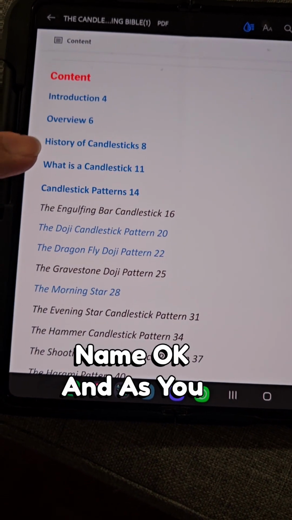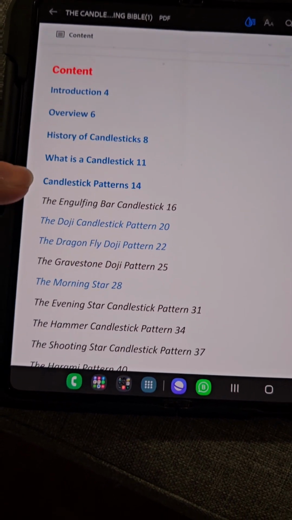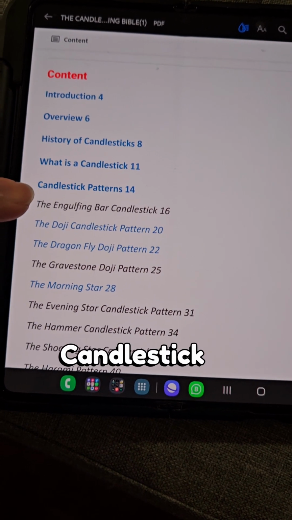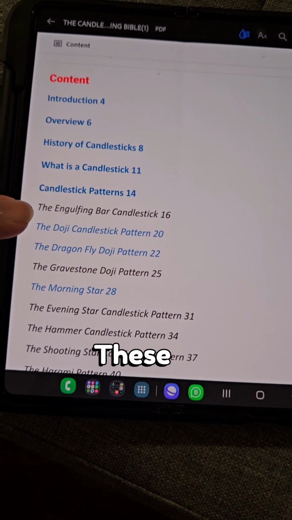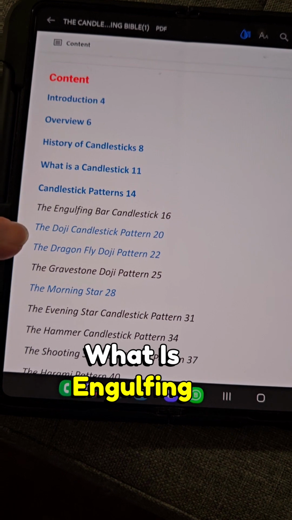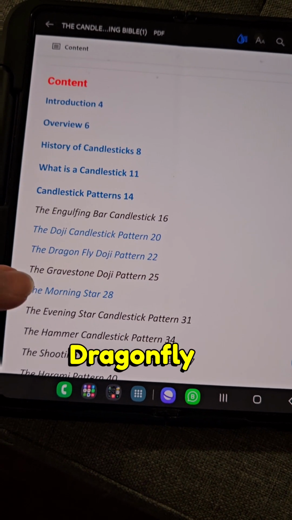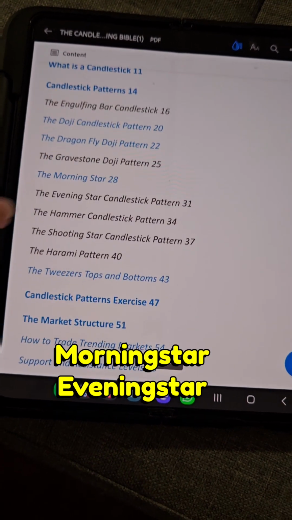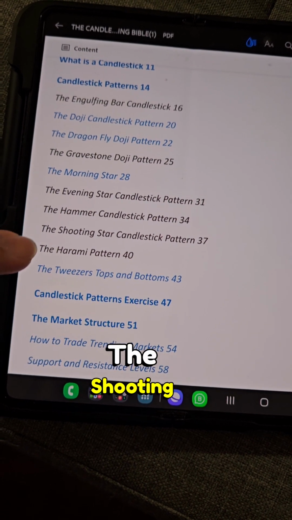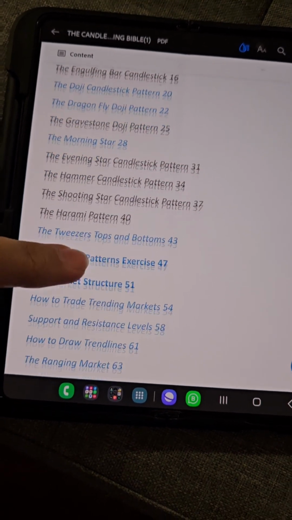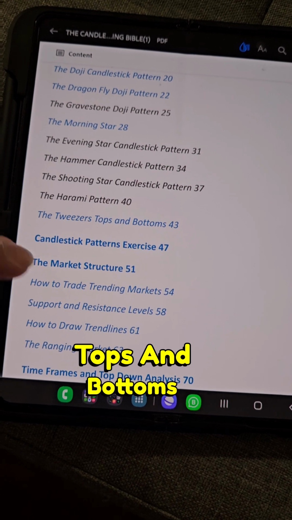As you can see, the history of candles. What is a candlestick? Candlestick patterns. Then it explains these important candles: what is an engulfing bar, doji, dragonfly, gravestone, morning star, evening star, the hammer, the shooting star, the harami, and the tweezer tops and bottoms.